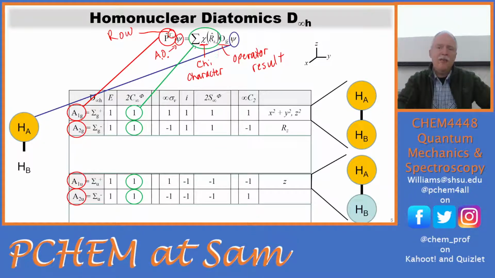So we're going to have the wave function go through these rows, and then we're going to have the results of those operations multiplied by the character. And then this sum is to add them all together. So that's the linear combinations. The linear part is the plus and minus characters, and the combination is this sum. When we add them all up, you're going to have plus and minus combinations of all of the different atomic orbitals.